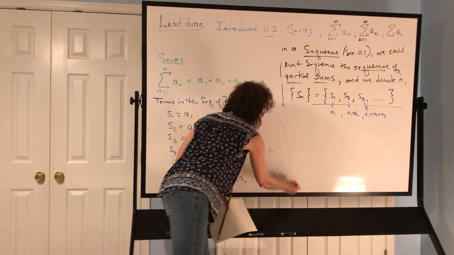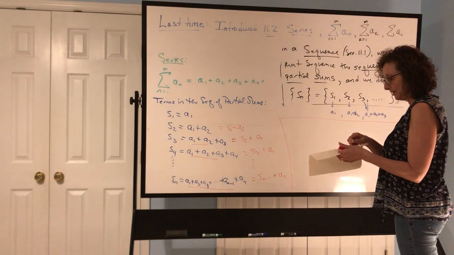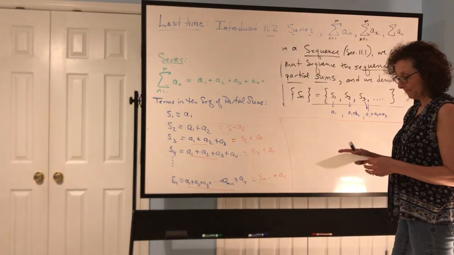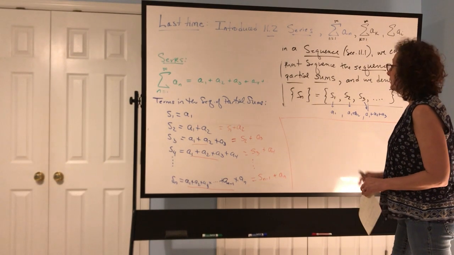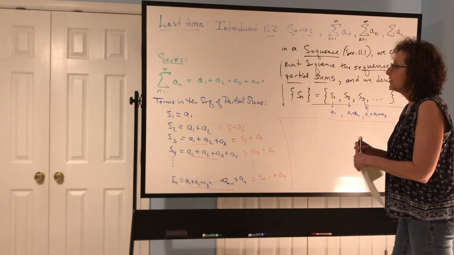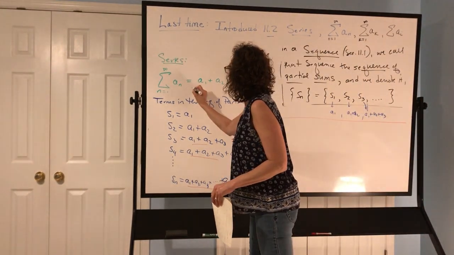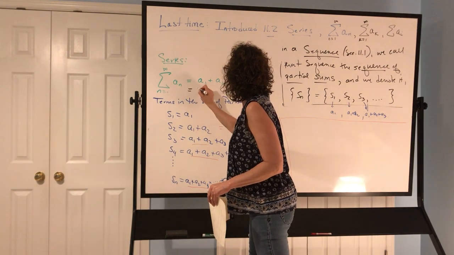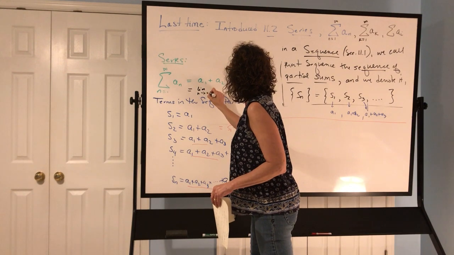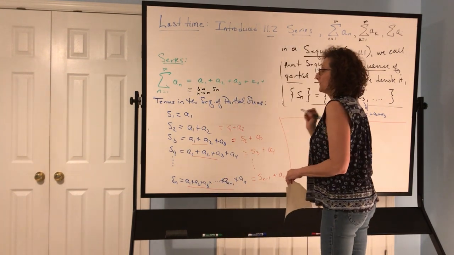These are all important things that we'll utilize quite a bit. Let me mention just a couple of things. In this series, we just said that this is the limit as n goes to infinity of S sub n, right?